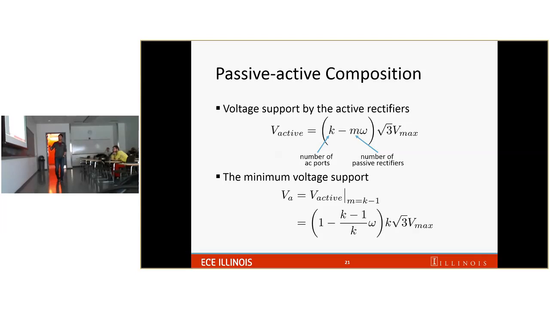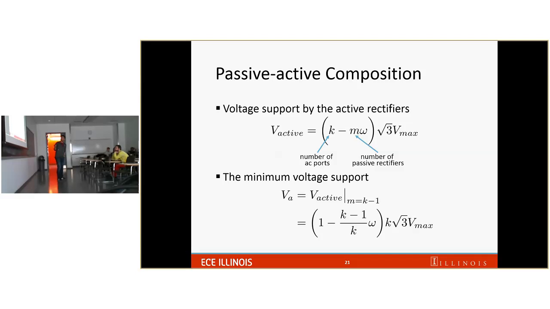So here we see this is actually a design equation, because the voltage support is a function of operating speed and the number of ports for the generator. So using this equation, we can pick what K and what omega are. That is completely the design choice.